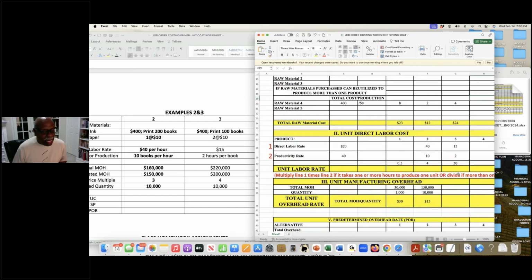Now the overhead should be pretty easy to calculate. We have 200,000 estimated MOH, and the quantity is 10,000.